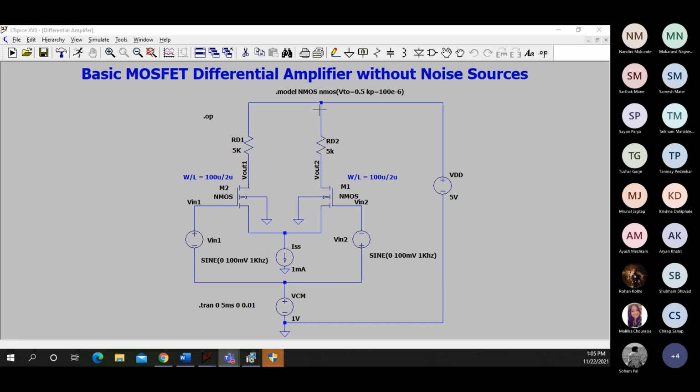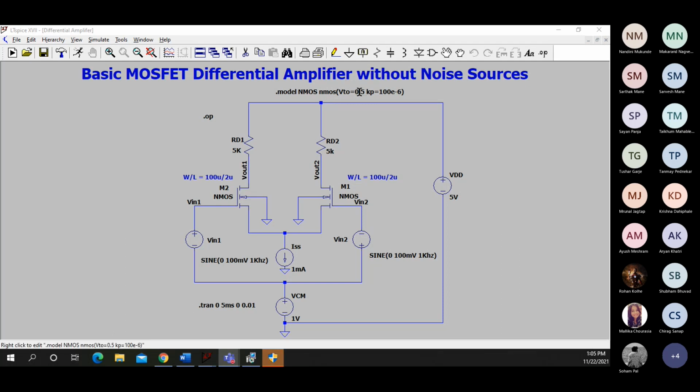When you are making this entire circuit, the power supply voltage should be 5 volts, and care should be taken that the body terminal of the NMOS transistors you have used is connected to ground.